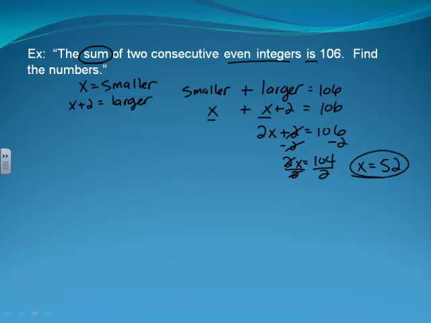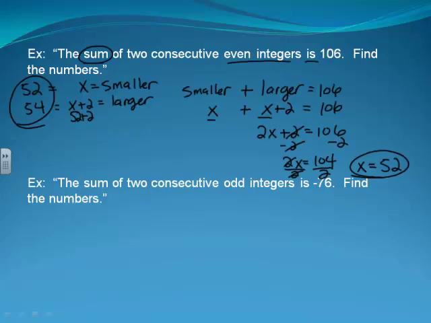Now you're not done though, because you found the smaller integer, but you have to find both integers. So if x is 52, then your larger integer will be 52 plus 2, which of course would be 54. So your two numbers are 52 and 54.